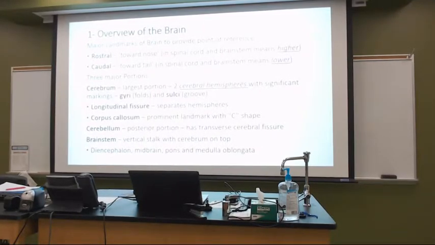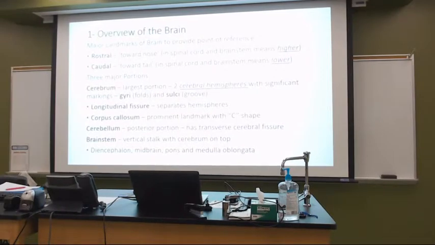It's going to have a transverse cerebral fissure. So when you open up, they're trying to represent the different ways to look at it. And then if you kind of look down at it, okay, it looks like it's going to have a marking that runs from one side to the next that looks like a little bit of a separation.